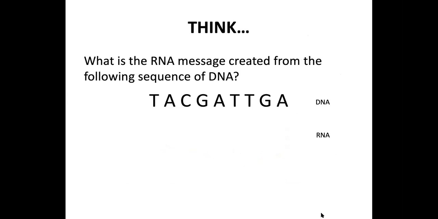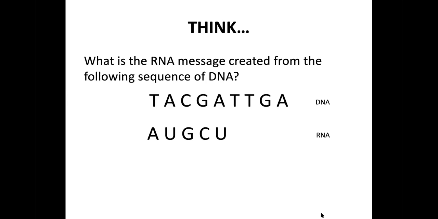What is the RNA message that's created from the following sequence? This is going to work just like we did the other day. Instead of going from DNA to DNA, though, today we're going from DNA to RNA. So T would pair with what? A, U, nice job. C, G, A, T, T, G, A, awesome.